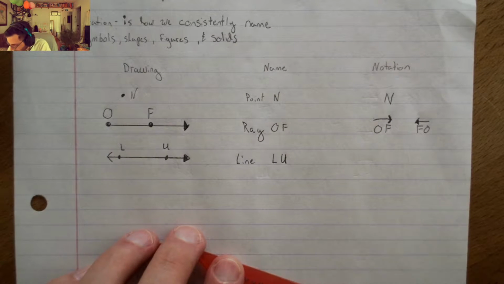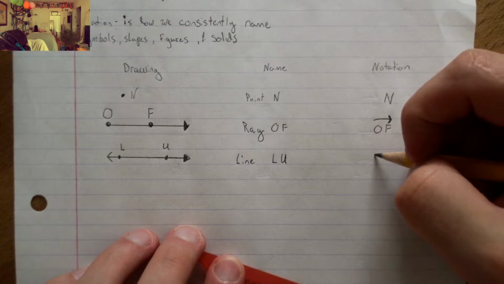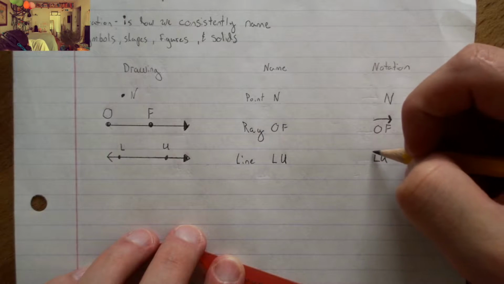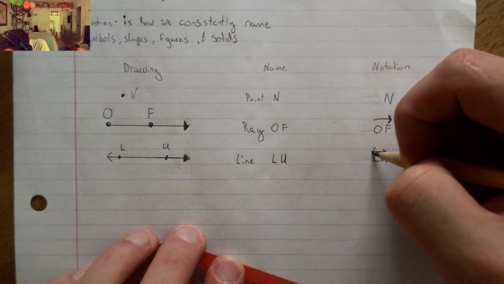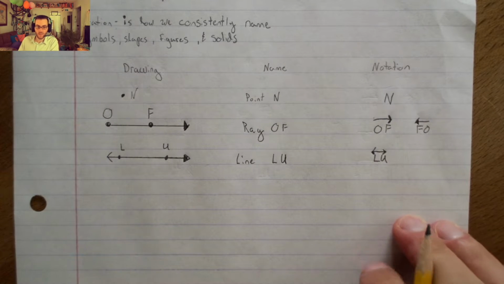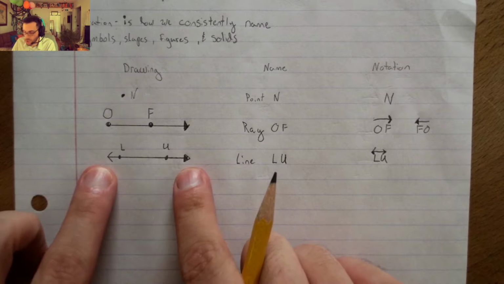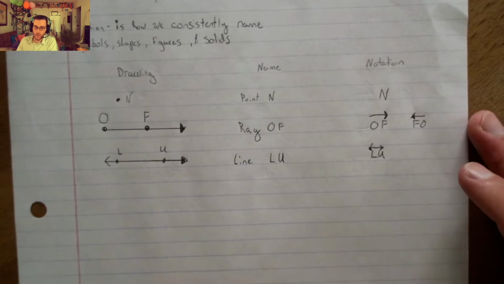And in terms of our symbol, we can rearrange L and U in terms of the sequence, but what's most important is that our symbol for our notation is going to have those arrow tips on the ends.